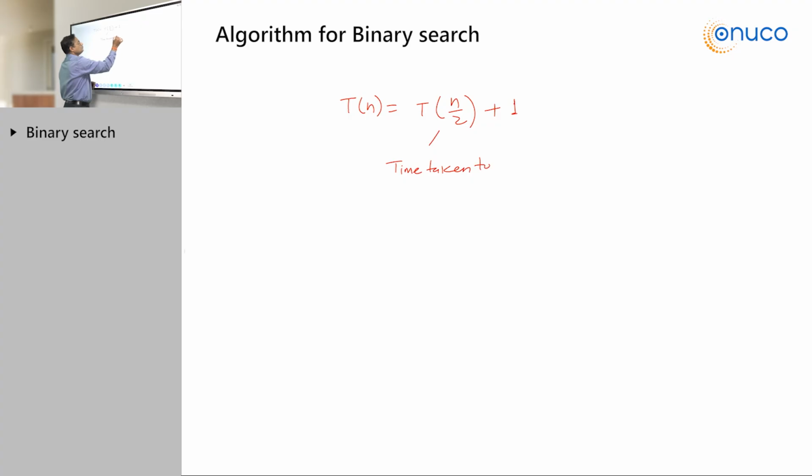So basically T of n by 2 is what? Time taken to perform any one side of the array, any one side of the list. What is that? Half list. Okay. Time taken to perform any one side of a list.